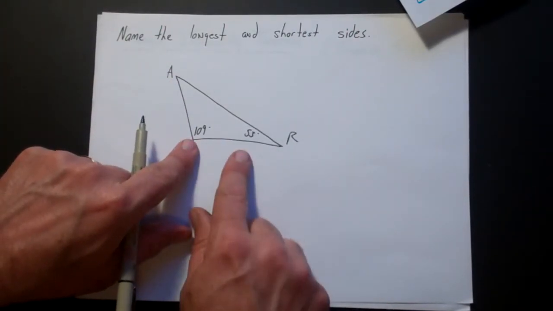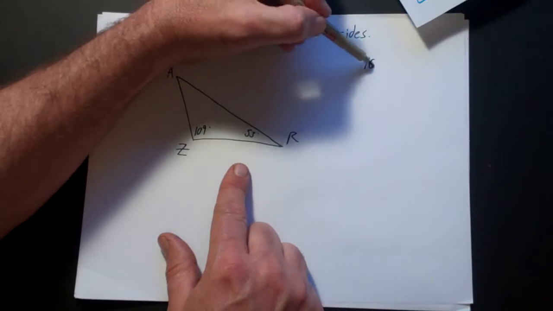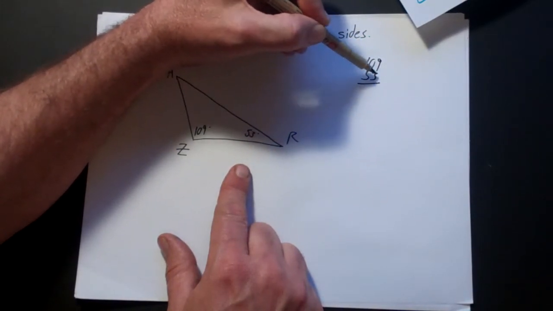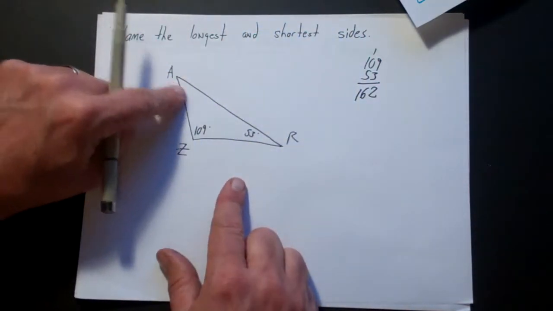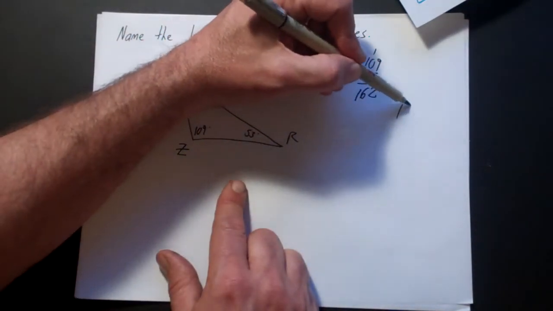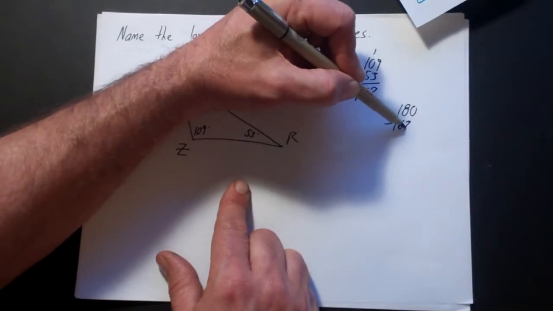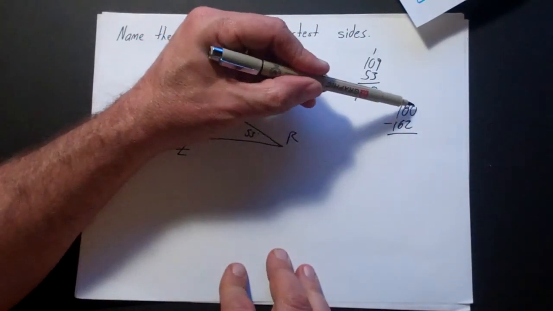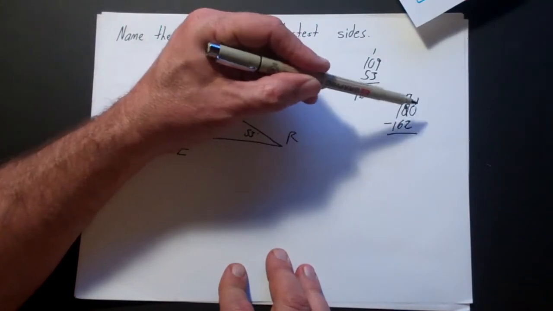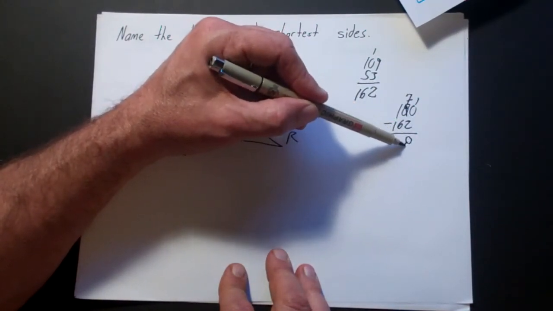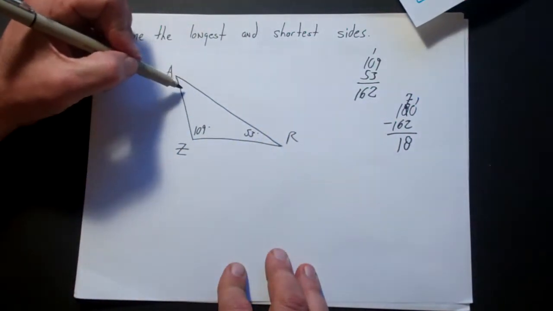So if this is 109 and this is 53, let's add those: 162. All three angles have to add up to 180, so you go 180 minus 162. That's going to be 18 degrees.